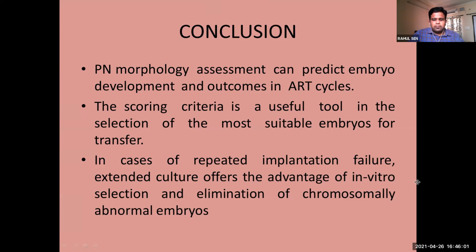In cases of repeated implantation failure and in blastocyst cultures, where we are culturing embryos till day 5 and have already seen previous fertilization or implantation failures, it is a very appropriate way to select embryos starting from day 1, where we can select and eliminate the abnormal embryos that are due to abnormal chromosomal conditions.